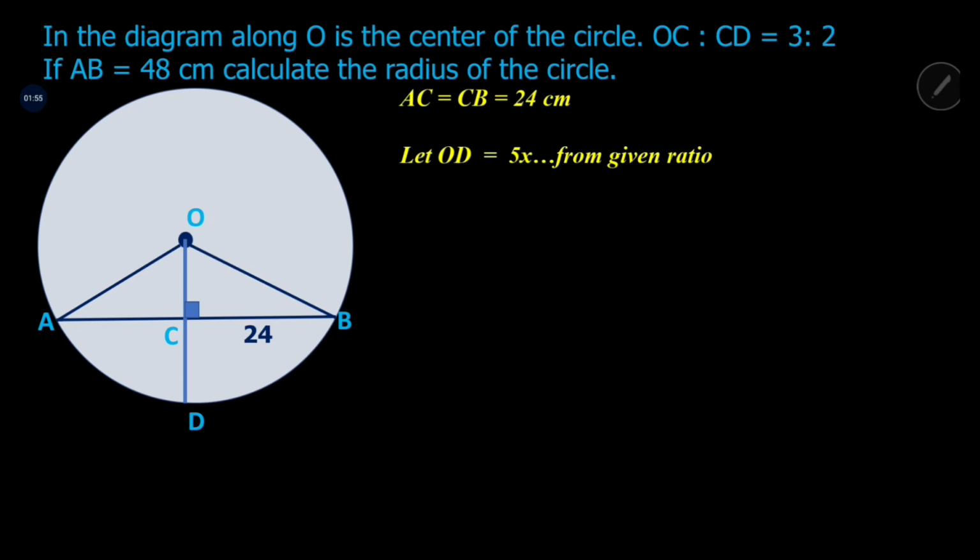So if we take the entire length of the line, that is OC plus CD, we should get 5 parts. That's where this 5x is coming from. And when you divide it into those 5 parts, 3 parts is OC, 2 parts is CD. So we can say OC is the same as 3x, and CD will be the same as 2x. Okay?